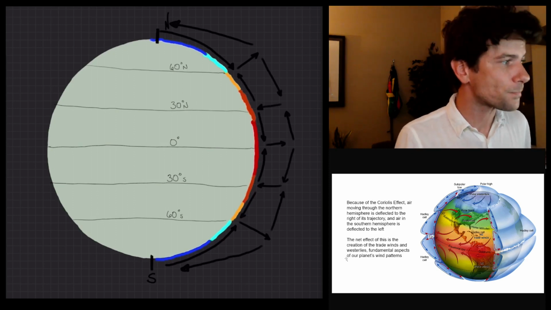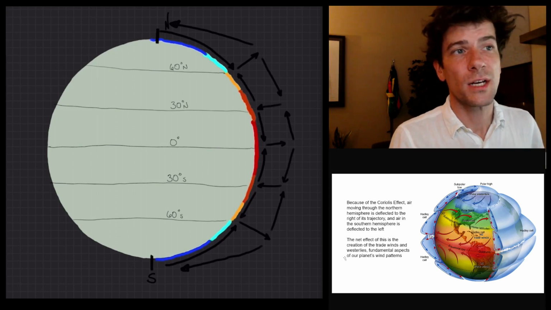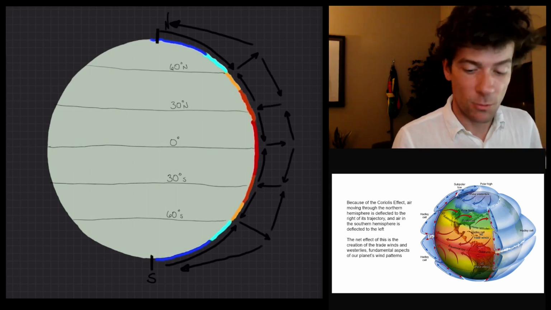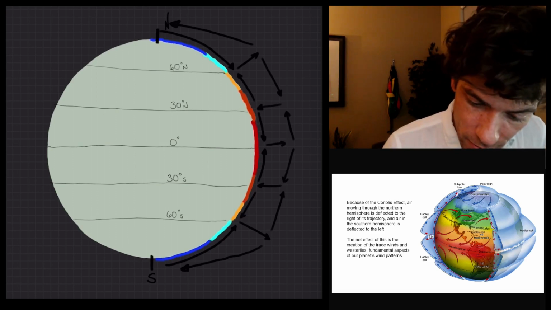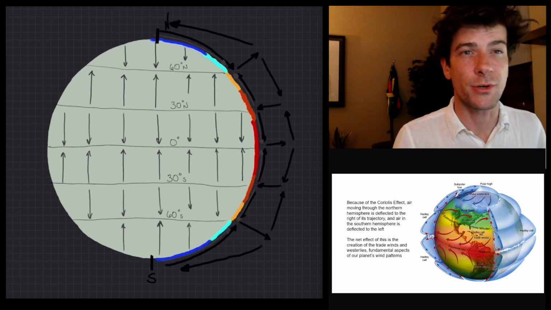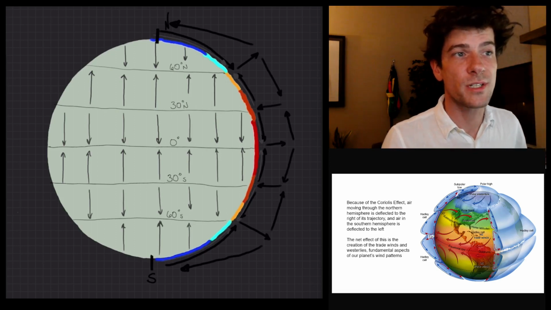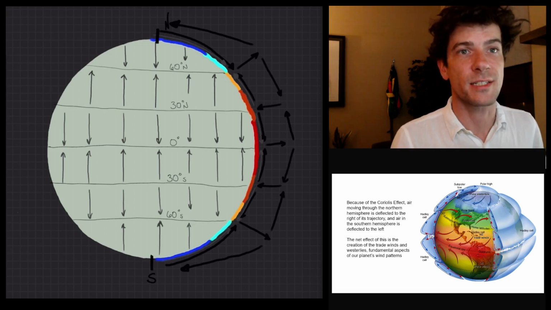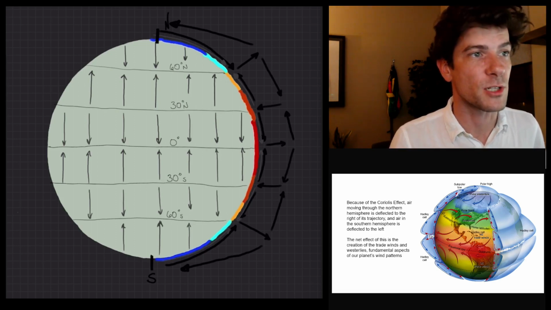If we consider how the surface currents look, if we drew those on here, they would look something like this. They're going from 30 degrees north and 30 degrees south towards the equator, and from 30 north and 30 south up towards 60. They're going in opposite directions.